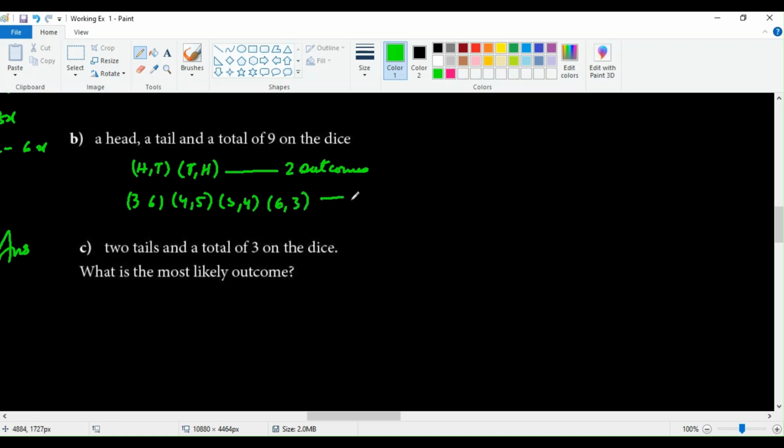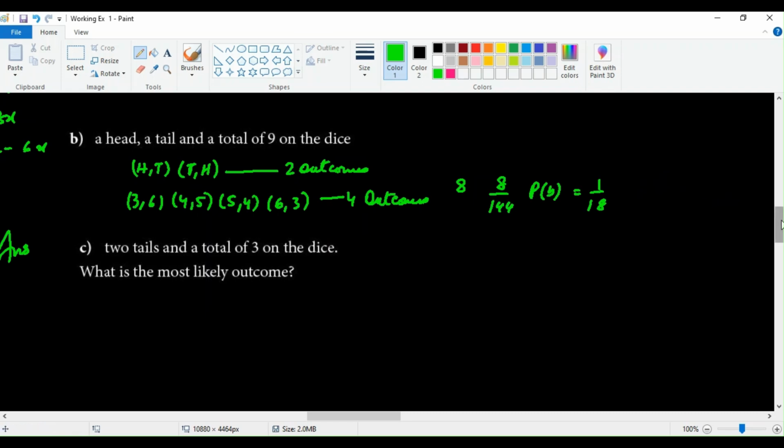So your final answer is going to be 2 times 4, which is 8, and 8 over 144 is the probability of part B. Once we simplify, this gives us 1 over 18.